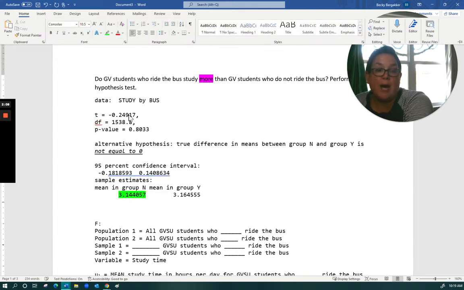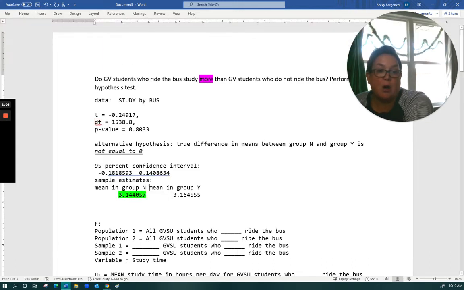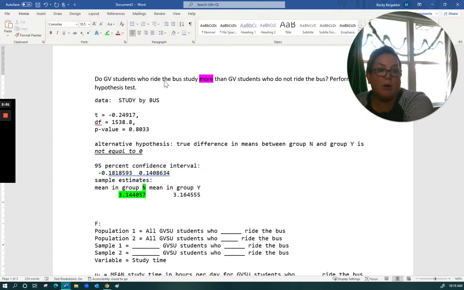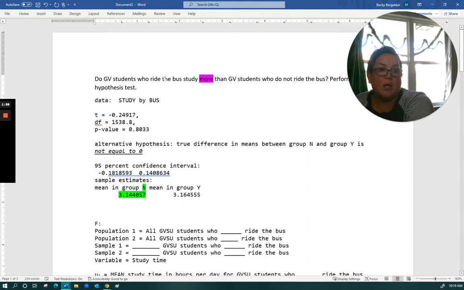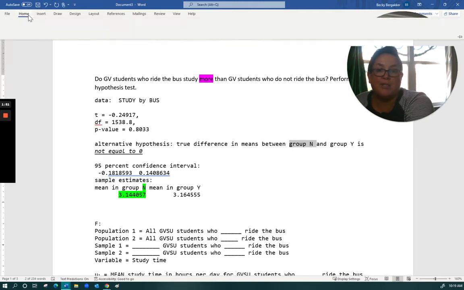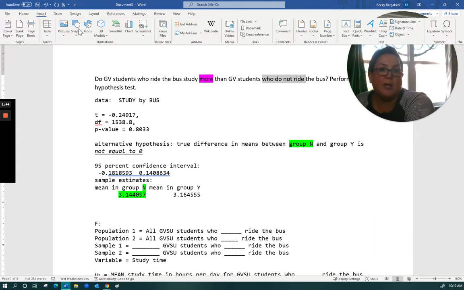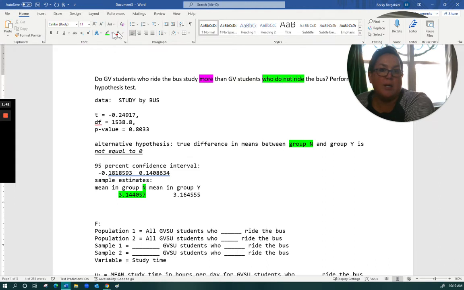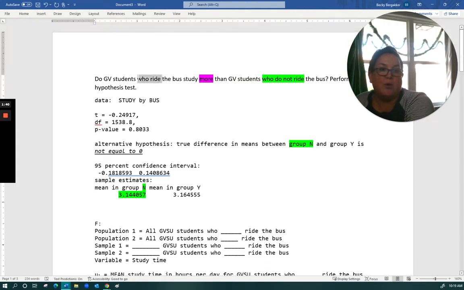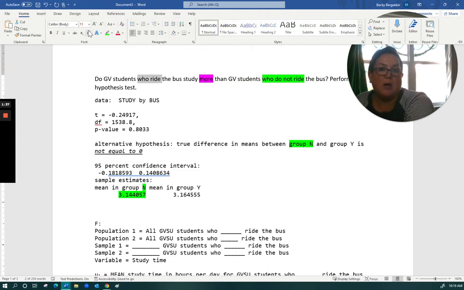So I'm going to highlight that. The no's are the green, because it will help us to remember which group is which. See, I almost started getting confused. I don't want that. And this is the do not ride the bus. And then those who ride the bus are going to be the yellows.